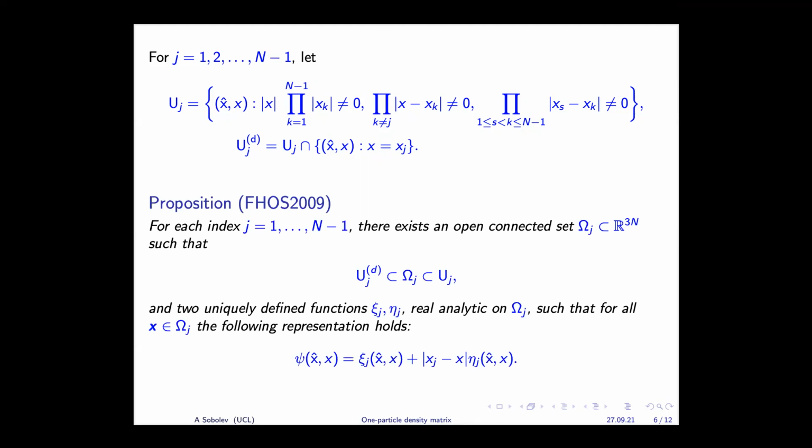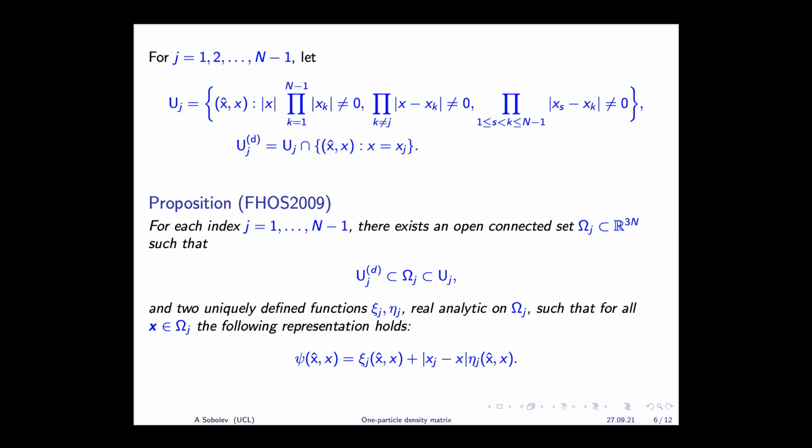For this set, we can say the following. You have this Uj, you fix it. For each of these j's, one can find a set, omega j. I need to draw another picture, but let me just state the theorem and then I will explain.